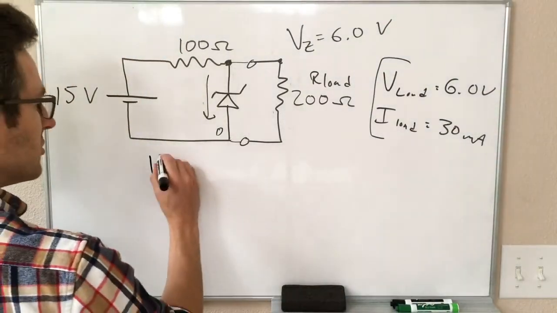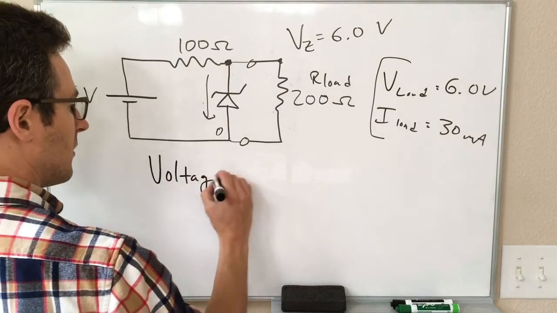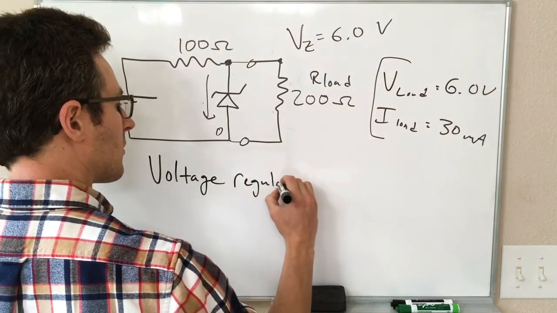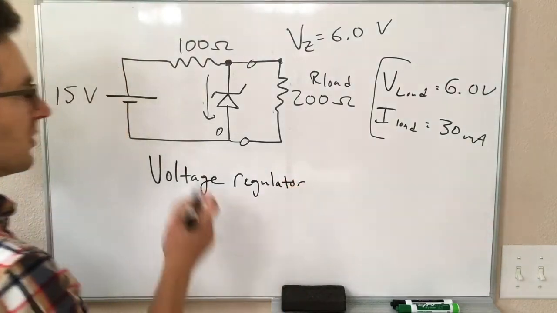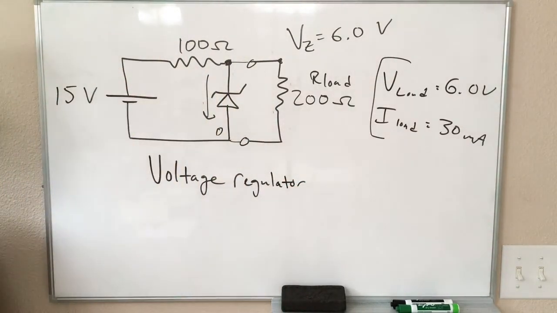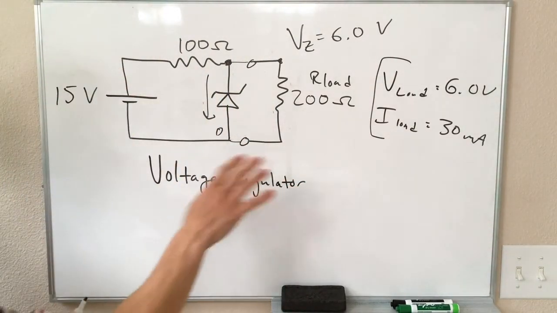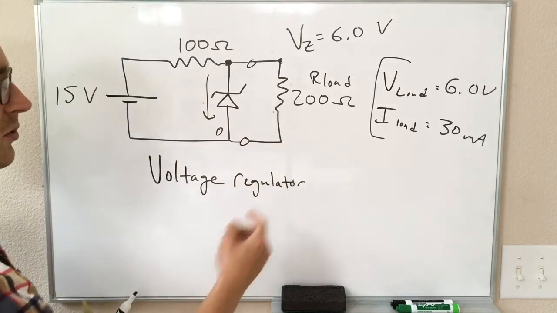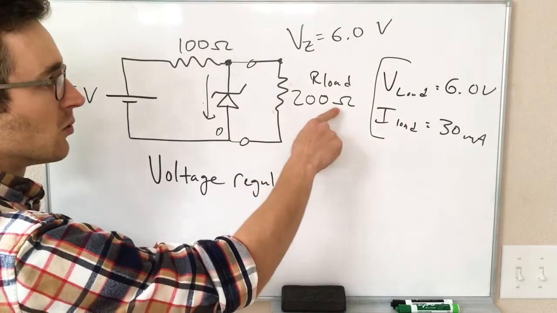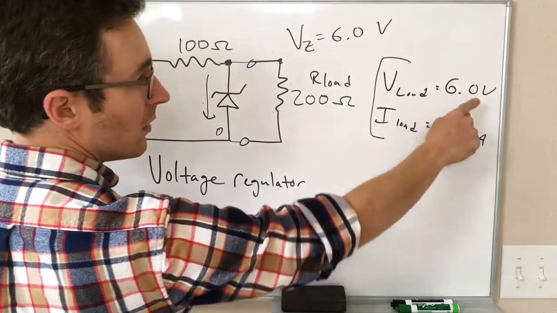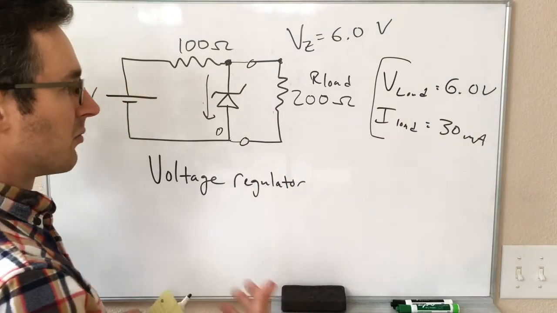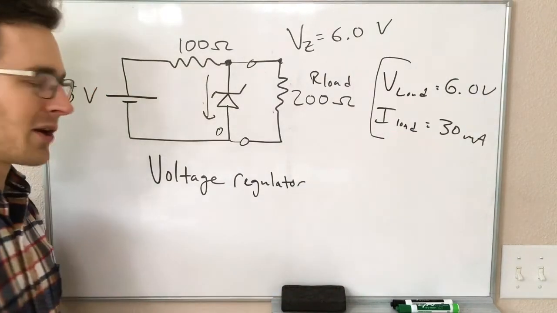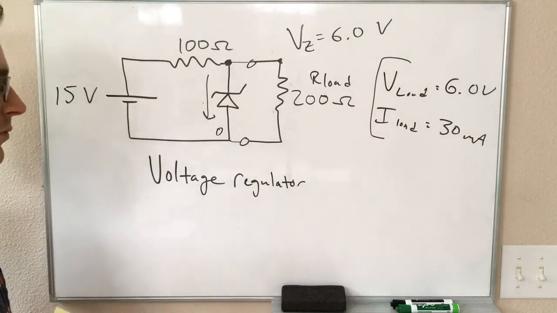So this is called a voltage regulator. And this is kind of the simplest two-component voltage regulator. It's able to perform this function for different values of the load too. There are lots of other resistances besides 200 ohms that would still feel this 6 volts of voltage and have whatever their corresponding amount of current is at 6 volts.